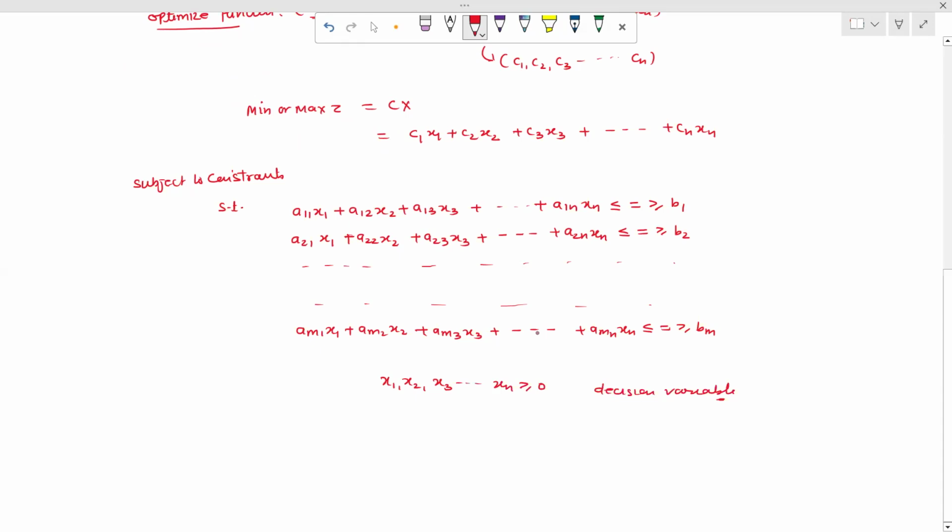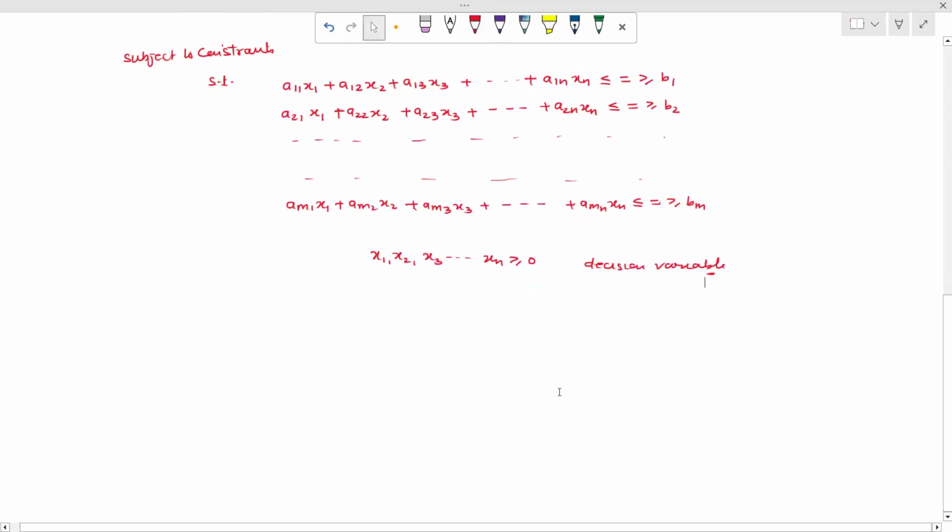So now this can be written as: optimize z = cx in short, subject to ax less than or equal to, or greater than or equal to, b, and all the decision variables are positive.